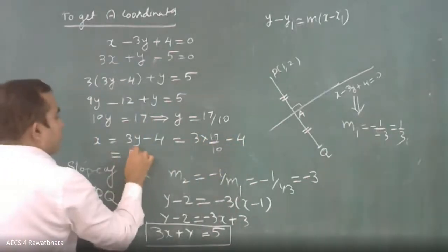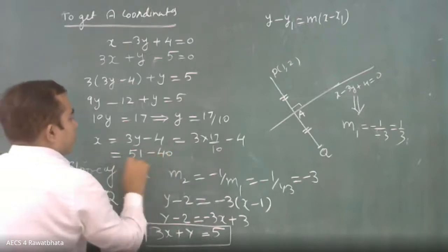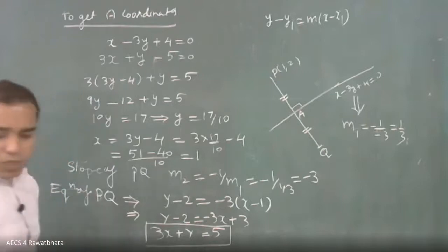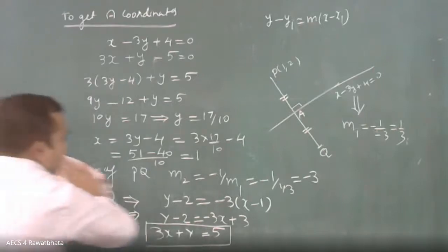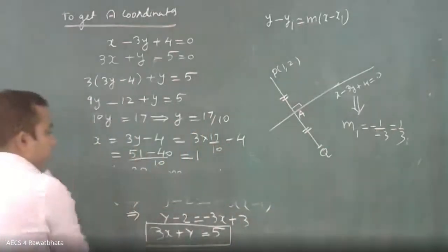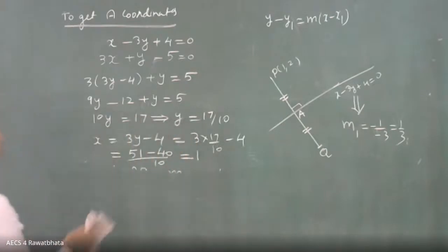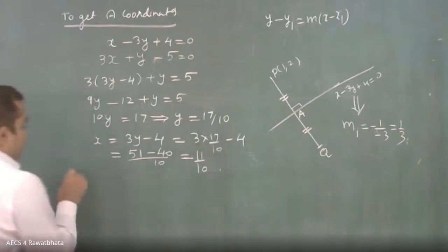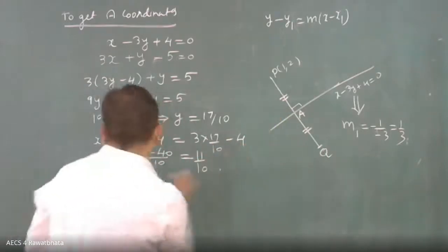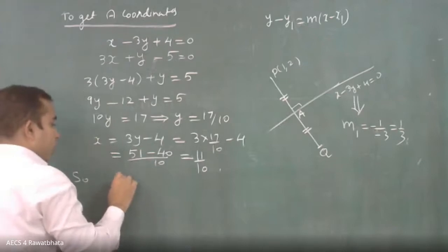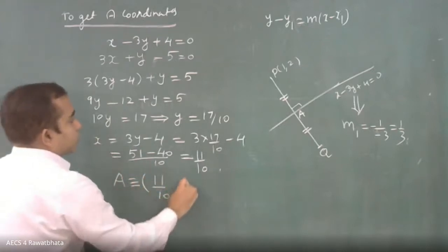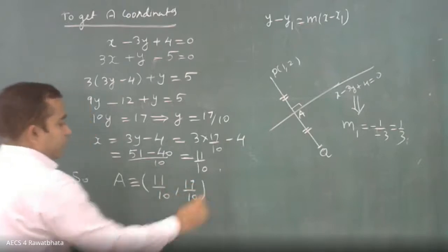This will become (51 minus 40) upon 10, which is 11 upon 10. So the point of intersection, the name was A. So A coordinates are 11 upon 10, comma 17 by 10.